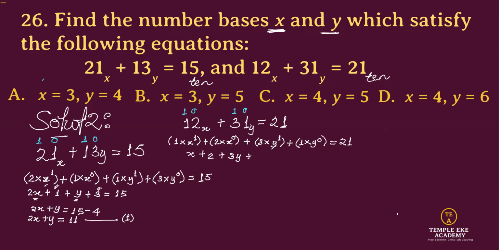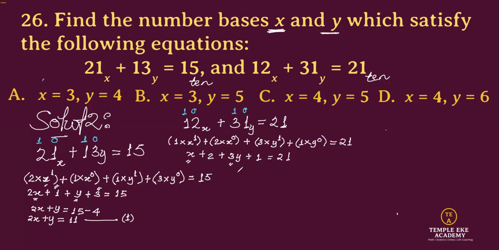And finally, plus y to the power 0, which is 1, and 1 multiplied by 1 is 1. All of this equals 21 on the other side. Now, the same step to generate equation 2, let us take the unknowns together, x and 3y on one side.